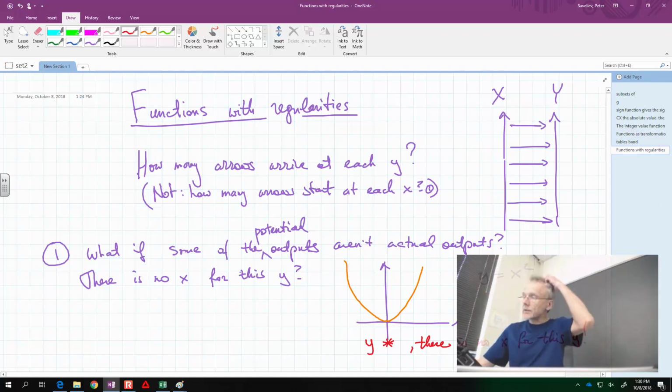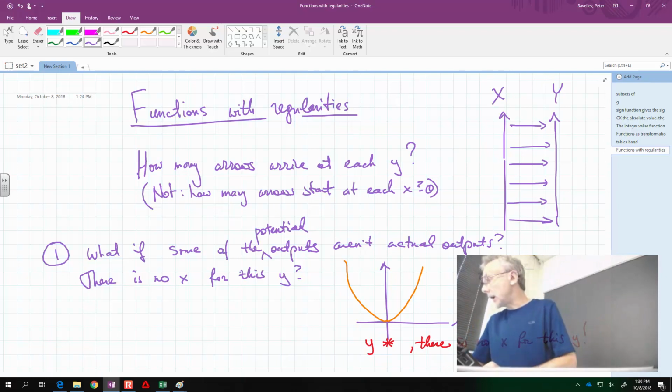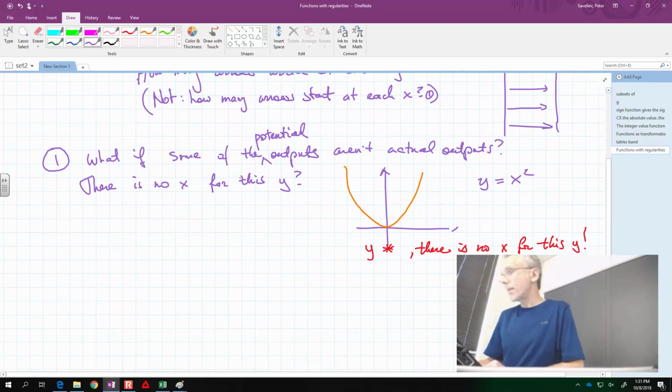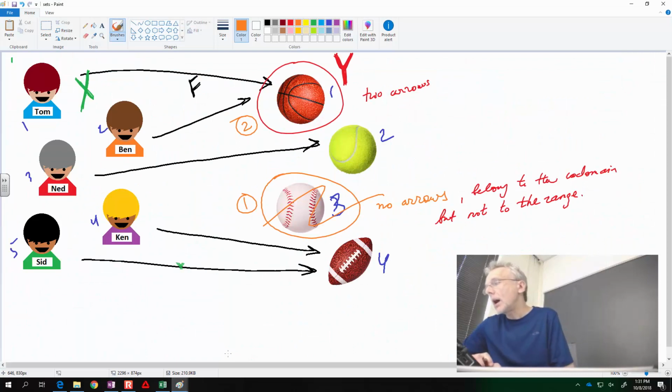So that's a kind of irregularity that there is nothing wrong with, but we have to point it out and explore it a little bit. You can certainly see it in the table. Here we simply see that y is not in the range. That's the easiest way to see it. But you can also create a table of values as we have in the past.